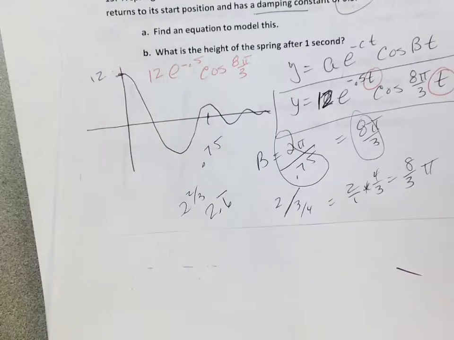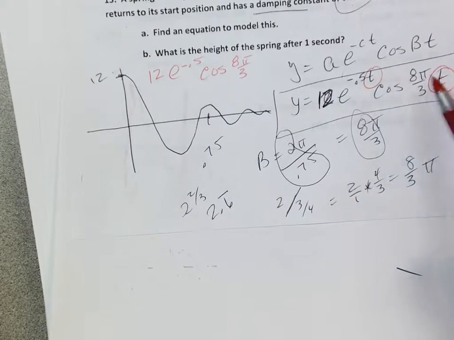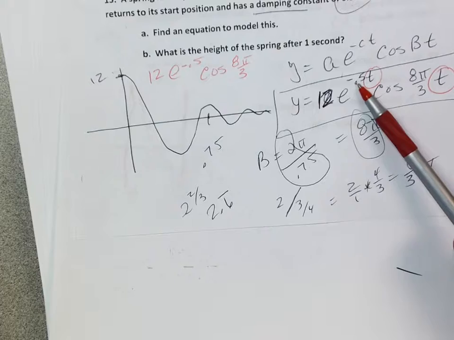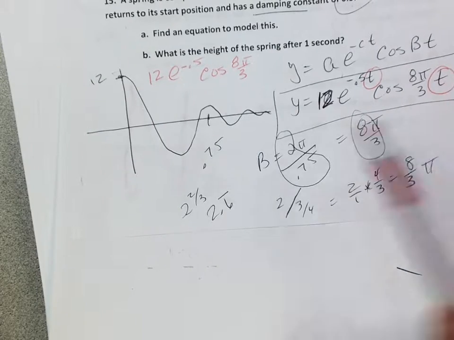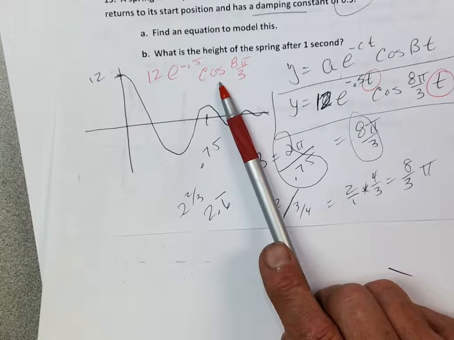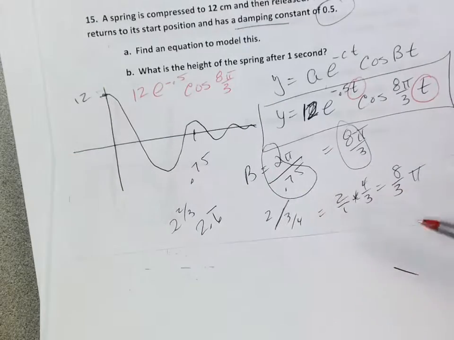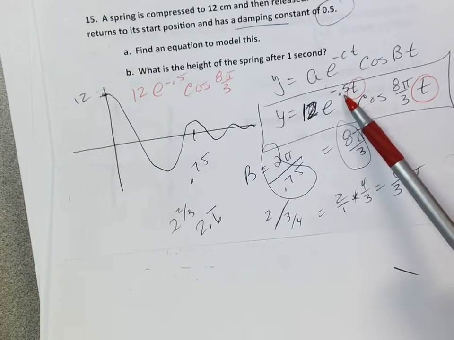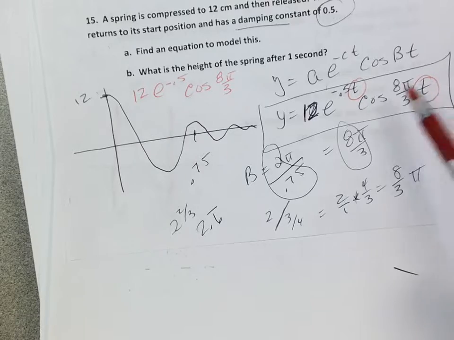If I make t 1, it's really just 0.5 in the exponent, and it's just 8 pi thirds in the cosine.